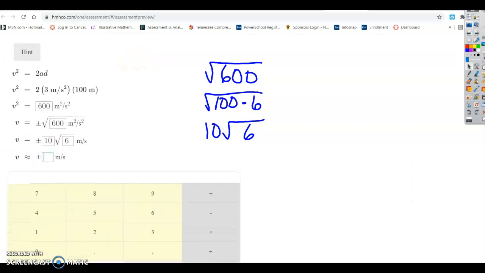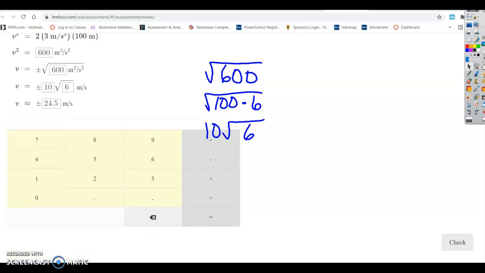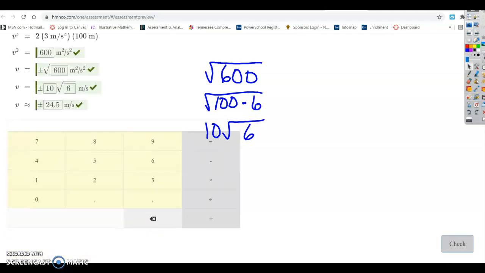So tenth means 1 decimal place. If you type this in your calculator, you're going to get 24.5 when you round it. When you check that, you can see that that is correct.